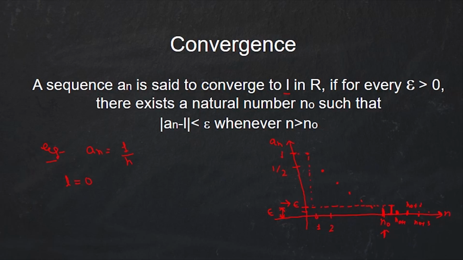If I choose my epsilon to be 1 by 2, my n0 will be 2. So for every epsilon greater than 0 you can choose an n0 in the same way as I have chosen in this particular case. Okay, so we have seen what is meant by convergence graphically and the formal definition of convergence.